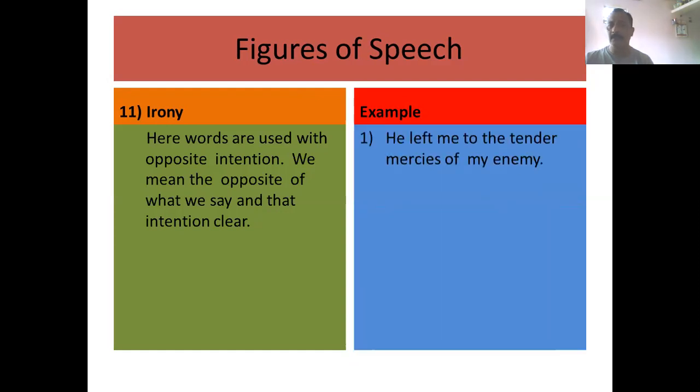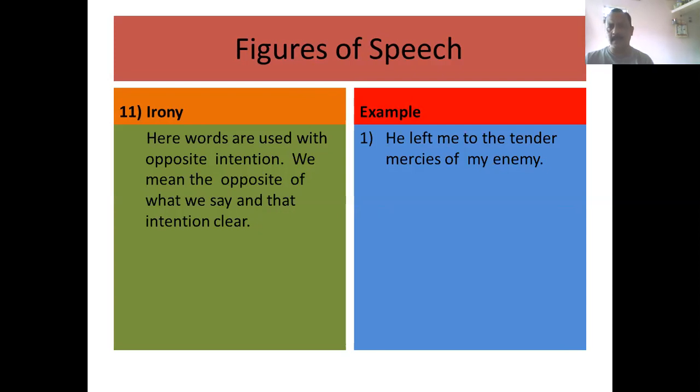Here are examples of irony. He left me to the tender mercies of my enemy. If enemies are there, tender mercies will not be there. It means harsh, cruel persons have handed over the speaker into cruel hands.